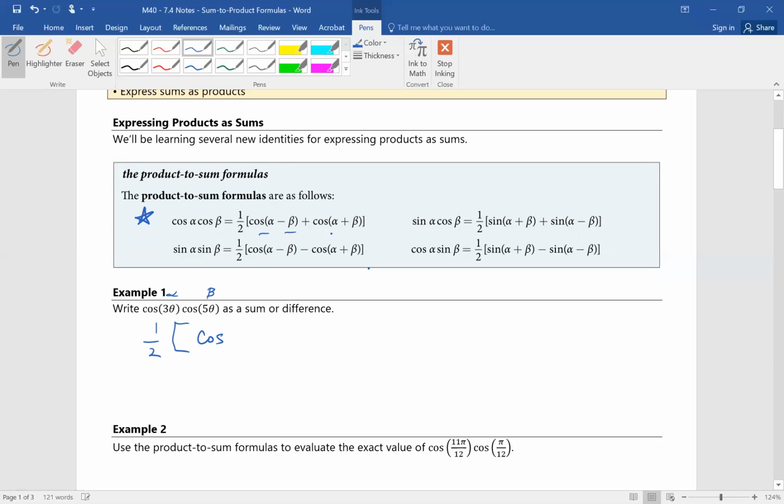So cosine of alpha here is, looks like 3 theta minus 5 theta, because there's beta. Put some parentheses on that. And I'm really just ripping off the formula because I don't have it memorized either. Cosine 3 theta minus 5 theta.